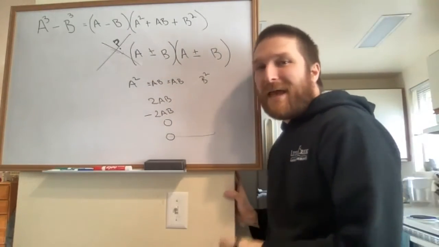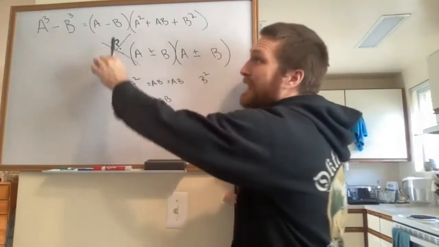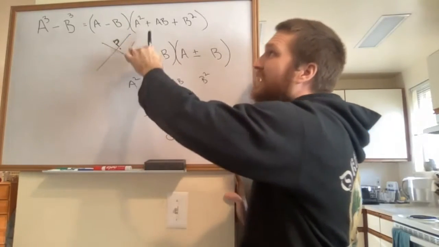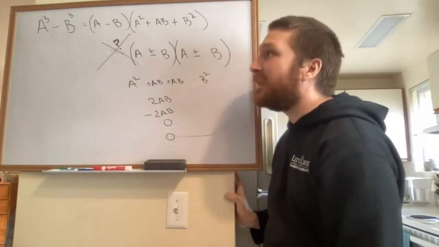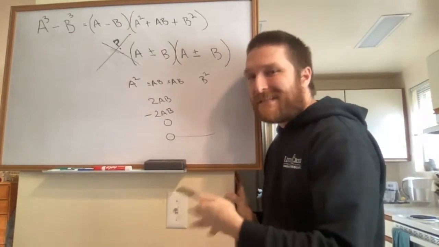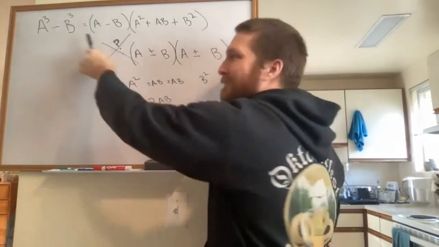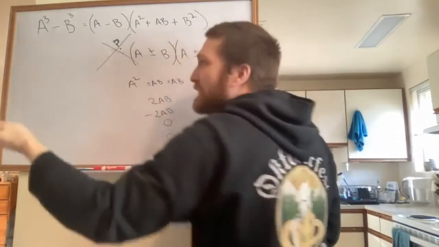It might be the case that there's a common factor, like there might be a 3 here and a 3 here and a 3 here when you're all done. And that just means that you didn't factor that 3 out to begin with.